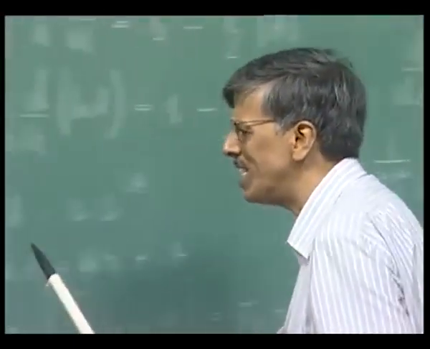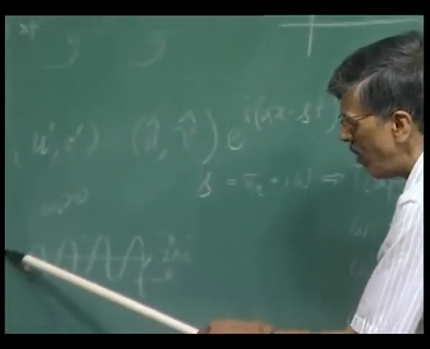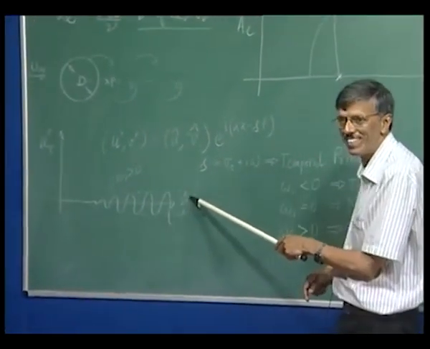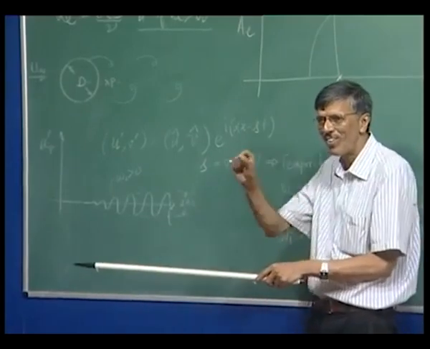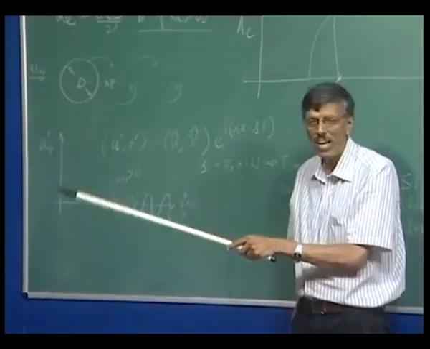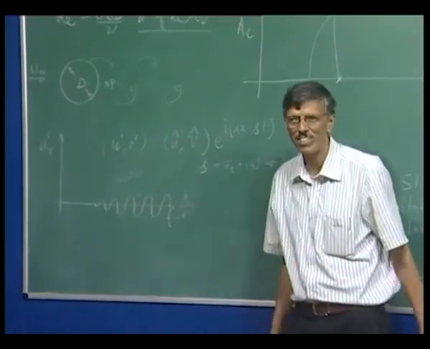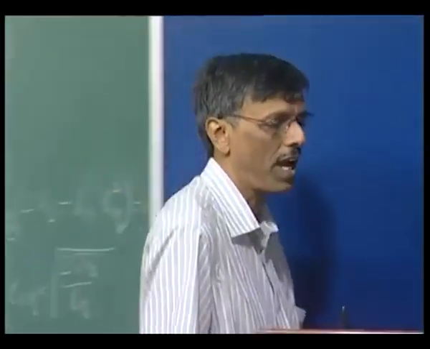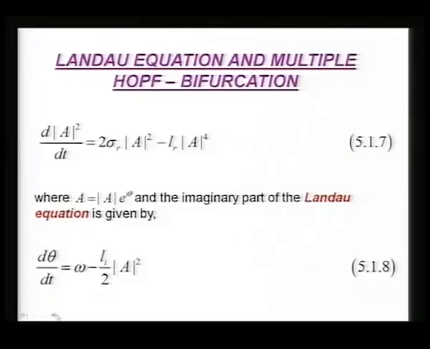So initially you will get this part, but after a long time it will saturate. The time-dependent part slowly tapers off. That is why Landau took this equation. So I want you to write down this equation. If you can't get the solution, you can come back to me. I will tell you how to do it.